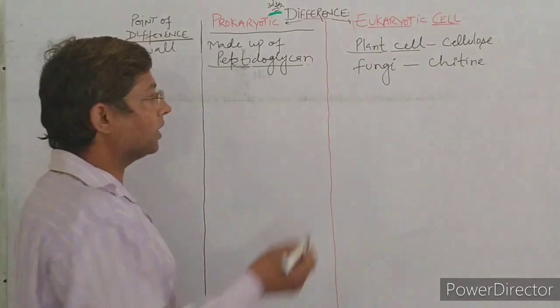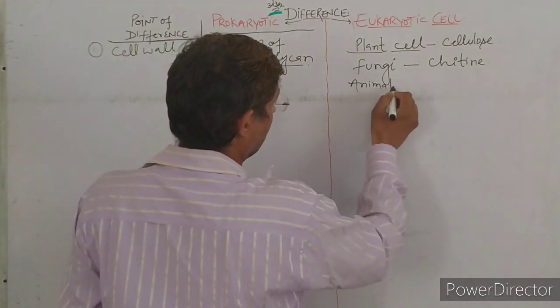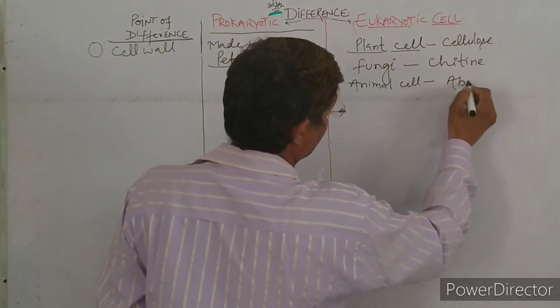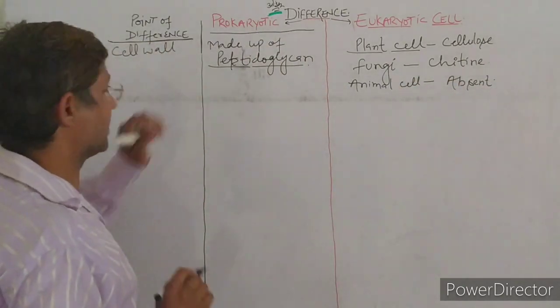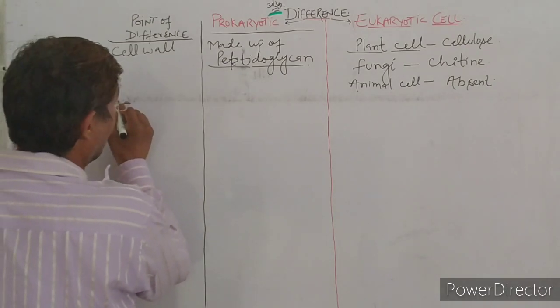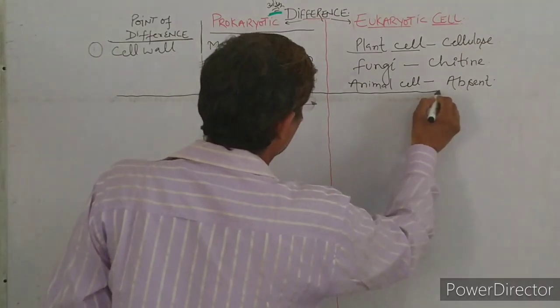While in animal cells, the cell wall is absent. This is one difference between prokaryotic and eukaryotic cells.